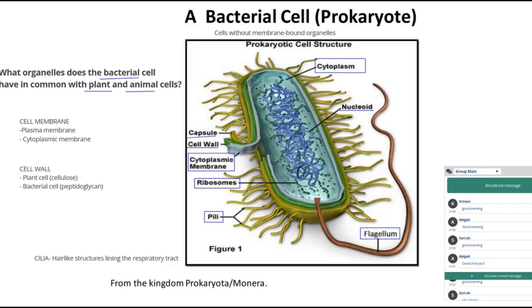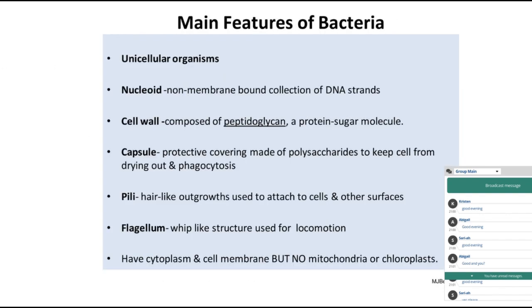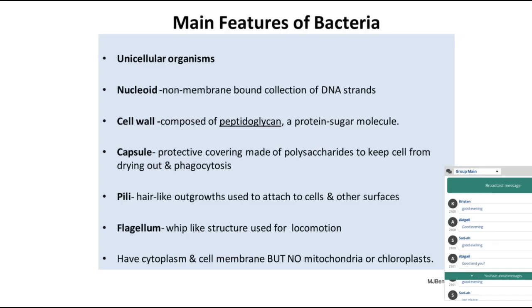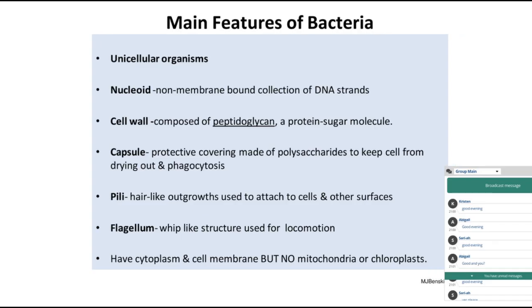So those are the key features there that you should be able to label on a bacterial cell and know their functions. So this is just summing up those structures. So we know bacteria are unicellular organisms, they're prokaryotic cells, so they're not going to have any membrane-bound organelles found in them.